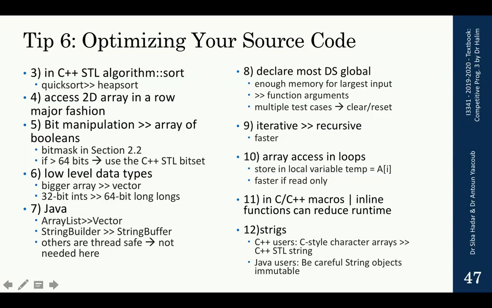As for strings, for C++ users, we advise you to use an array of characters instead of the C++ style string. And for Java users, be careful with strings because string variables are immutable, so use the string functions in a good way. And maybe sometimes you have to use StringBuilder, as already mentioned.